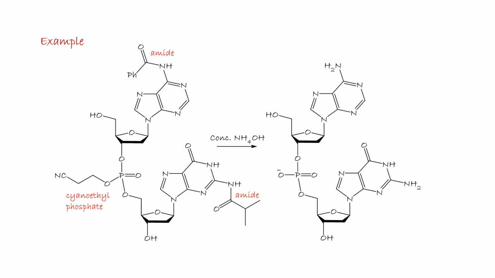As an example, if we have this molecule, here is protected, here is protected, and here is protected. Okay? With conc ammonia, we get this is free, and this is free.